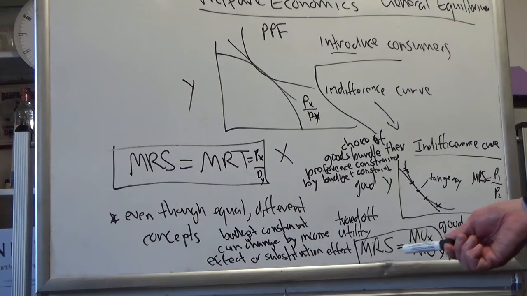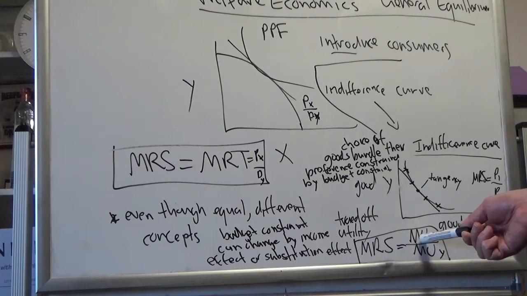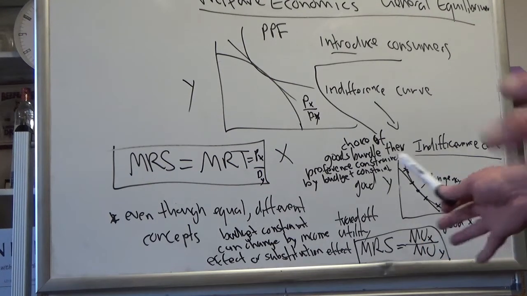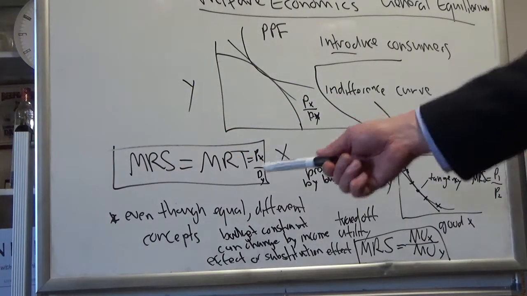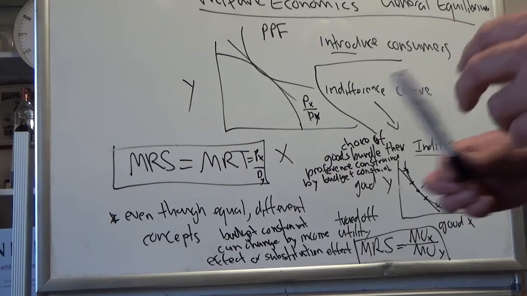So with consumers, you've got a concept called marginal rate of substitution, where it's a ratio between marginal utility of good X over marginal utility of good Y. And then before, sorry, I was going to get to something, I'll get to it now. So we've got a partial equilibrium.